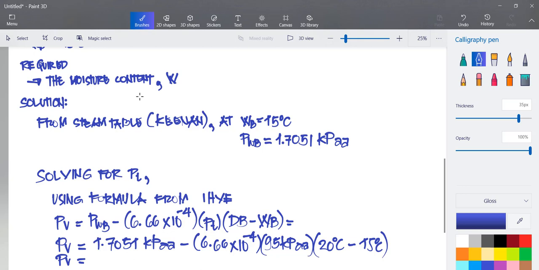We'll not be considering the cancellations of units, but actually it will be cancelled out. Then finally we have the partial pressure of the vapor, that will be 1.38875 kPa, on the absolute temperature.